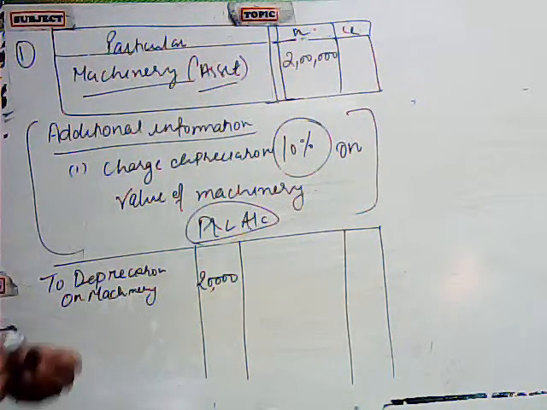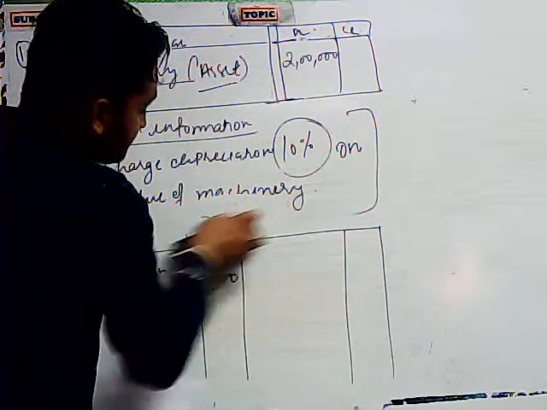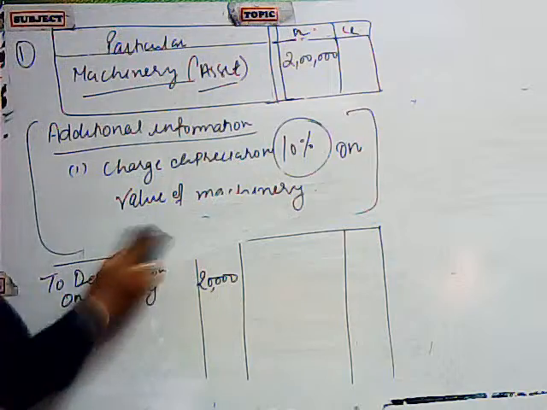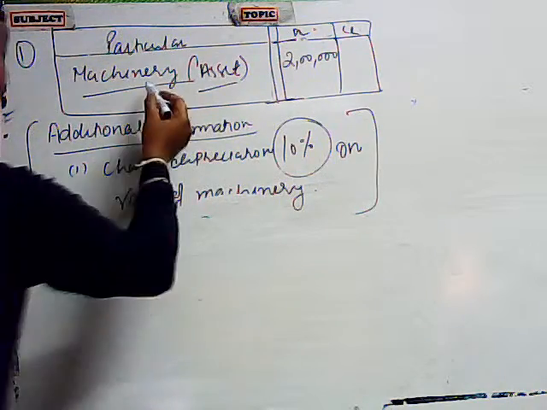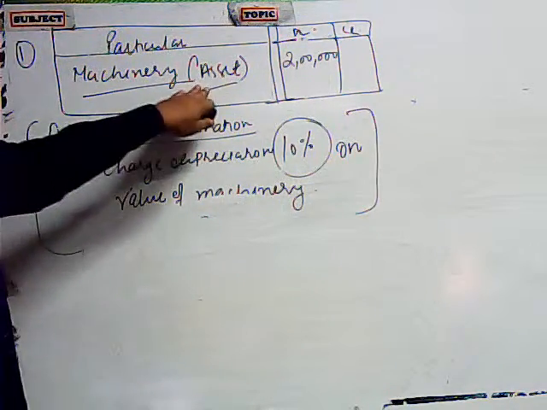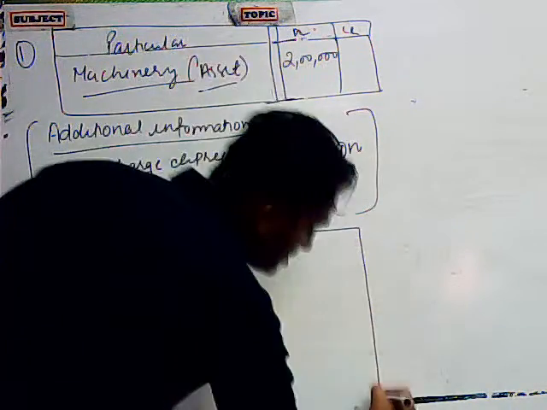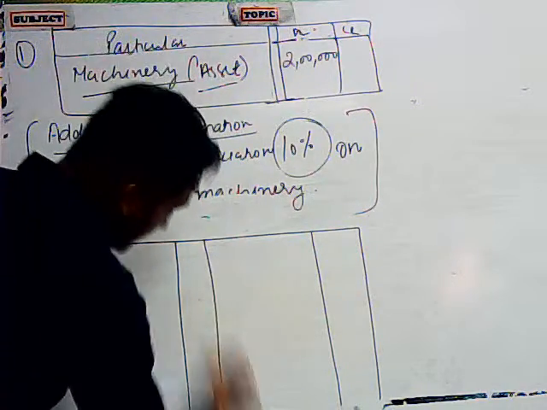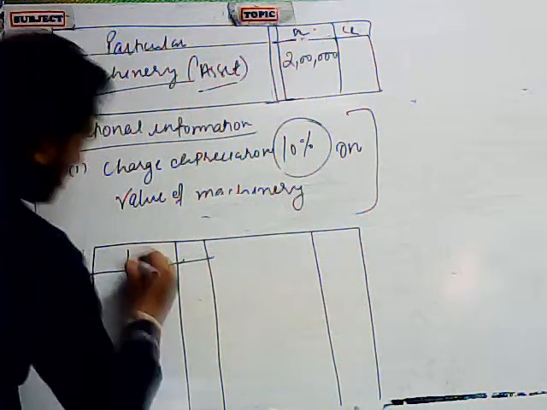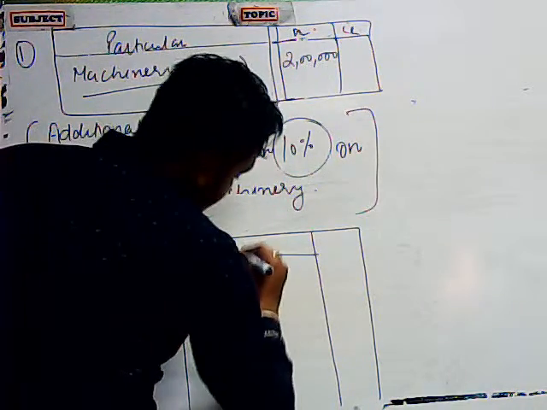Okay class, clear now? Now the second effect of this adjustment. As we know, machinery is a company asset, so we have to prepare a balance sheet. Under the balance sheet there are two categories: one is the liability side, and the second is your assets.